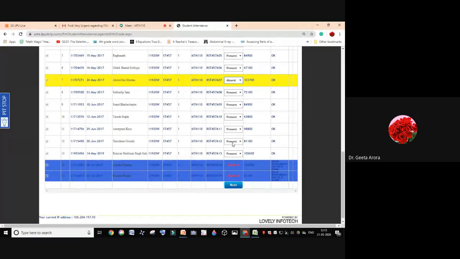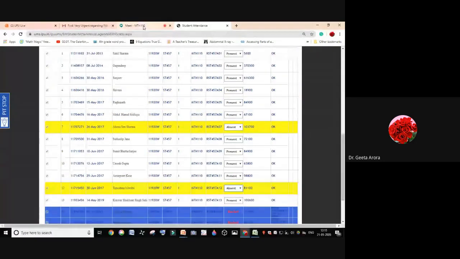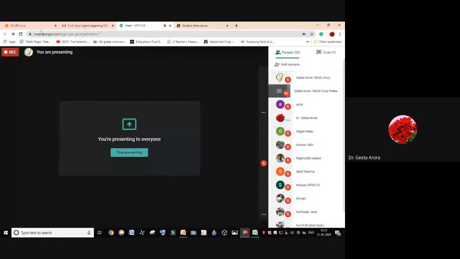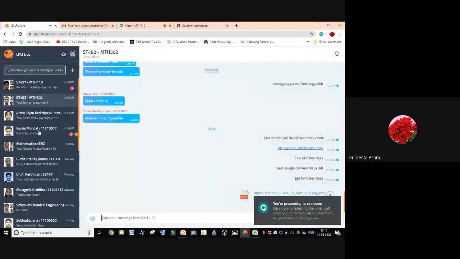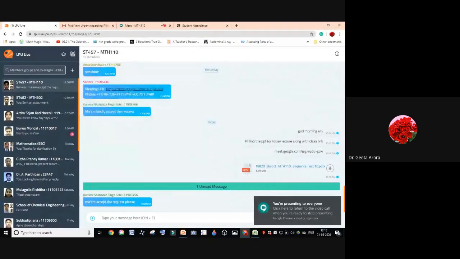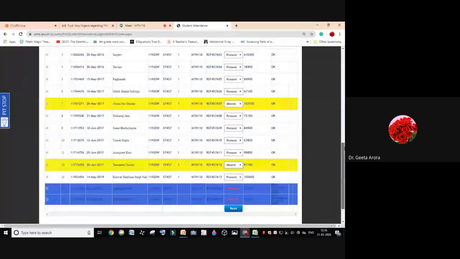Shahbaz Singh, yes, ma'am. But any one of these who are marked absent, are you there? Ahona and Tanushri. No, I think they are not sending any request and they are not here. So two are absent out of 13.